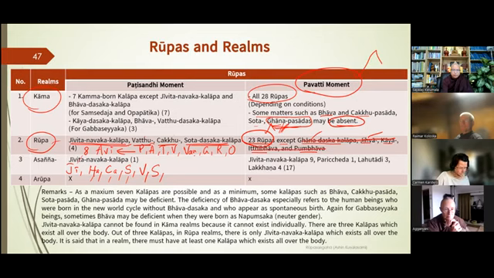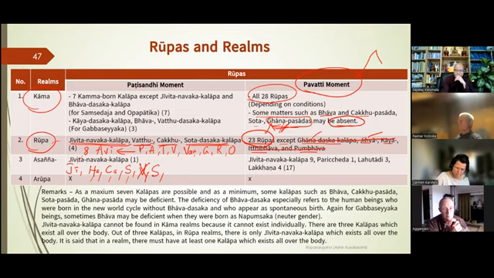Vanna, and Ganda, smell, is also already there. And Sadda, sound, not yet. Vanna, Ganda, Rasa, Oja.